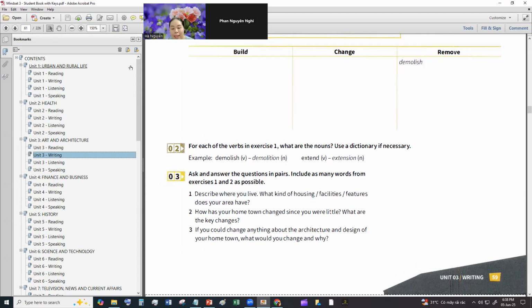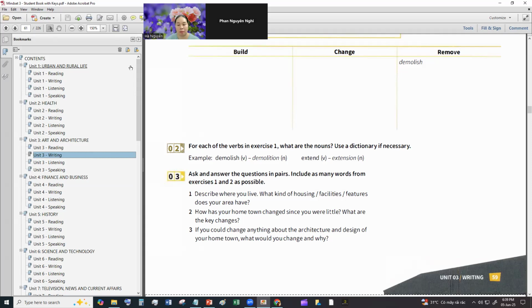I see. Now, if you could change anything about the architecture and design of your hometown, what would you change and why? If I could change anything about my hometown, I would build a stair on the Baden Mountain in my hometown, because there is only a stair to the middle of the mountain, and you have to take the cable car to the top.